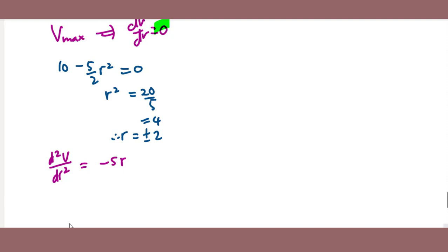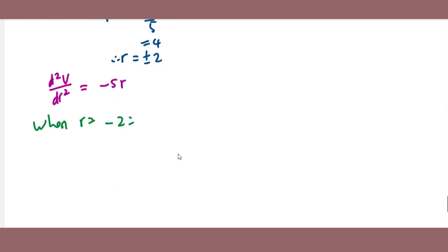When R is equal to -2, d²V/dR² is 10. This is more than 0, so V is minimum when R is equal to -2.